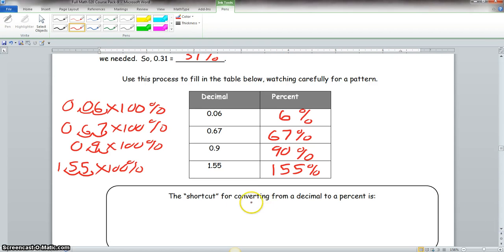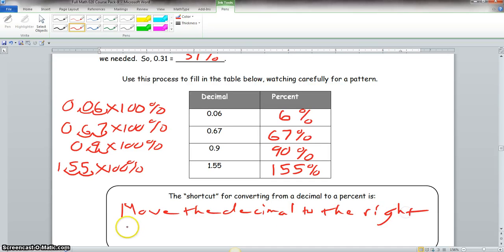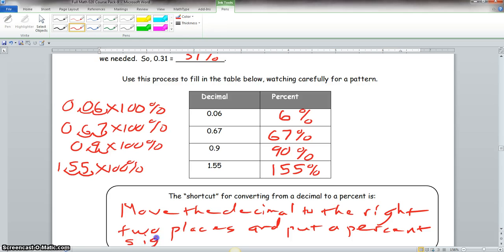Now it says here, the shortcut for converting from a decimal to a percent is basically this. Move the decimal to the right 2 places and put a percent sign at the end.